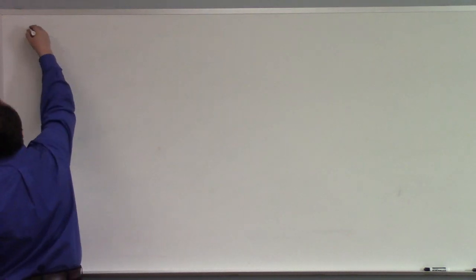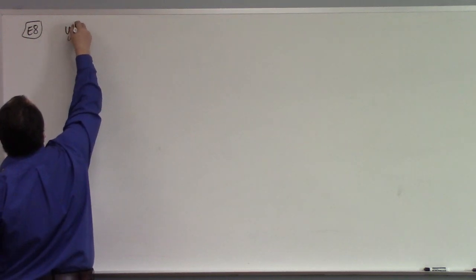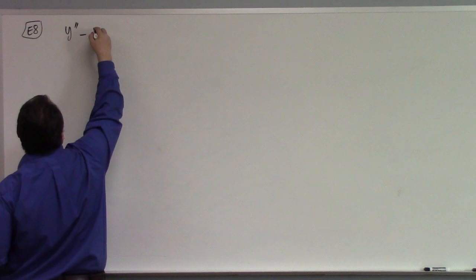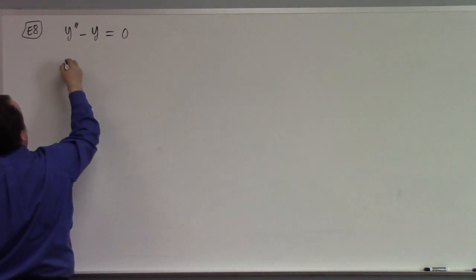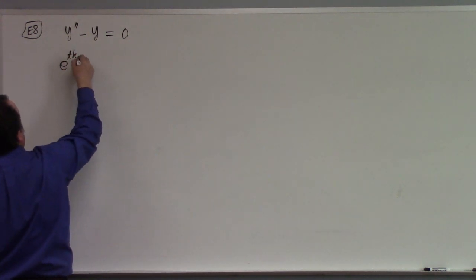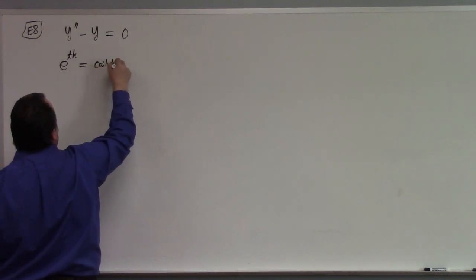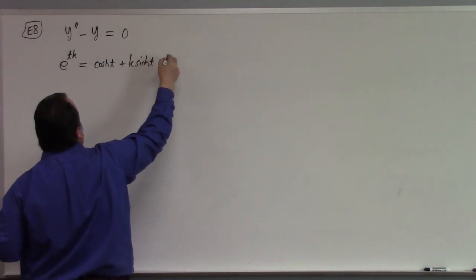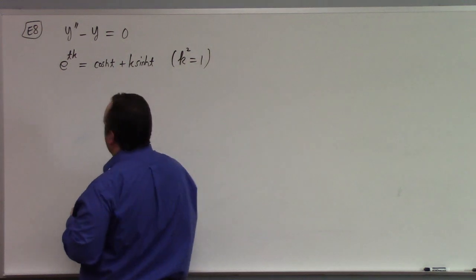Example 8. If we were to look at, say, y prime prime minus y equals 0, we would then be looking at e to the tk, and it would work out to, guess what? Cosh t plus k times sinh t, where here k squared is equal to 1.